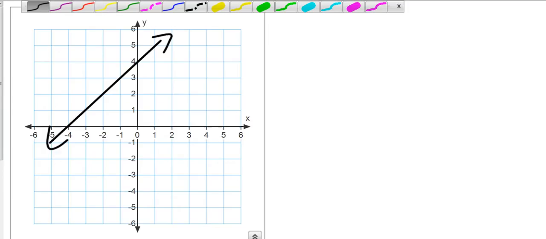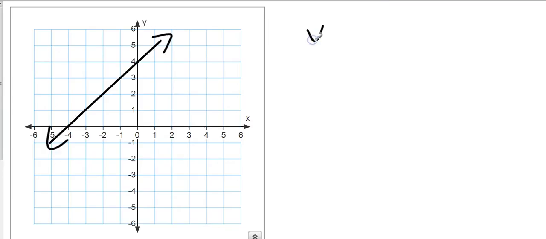Well, we still have two things we have to find. We have to find the y-intercept. And let's go ahead and do that first. That's the easiest. The y-intercept is where it hits the y-axis. So that's going to hit the y-axis at 4. I'll put a little dot there. So my y-intercept is 4.